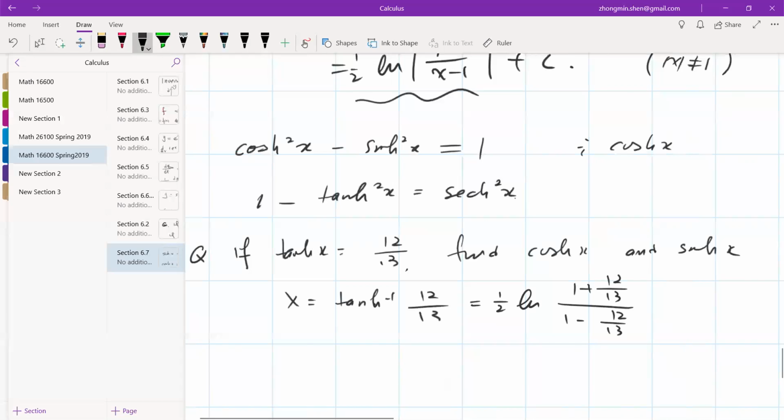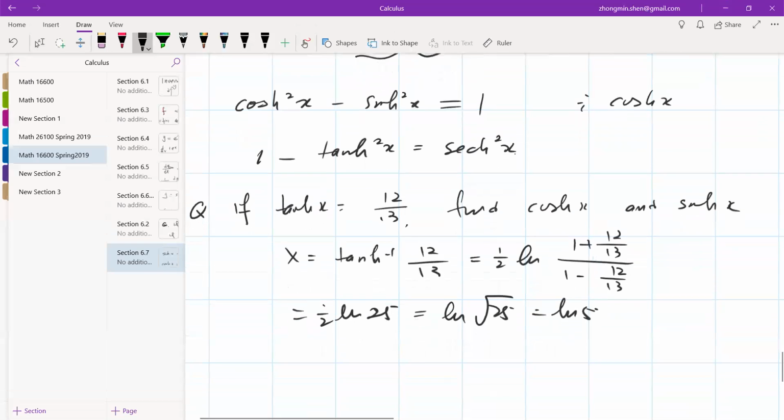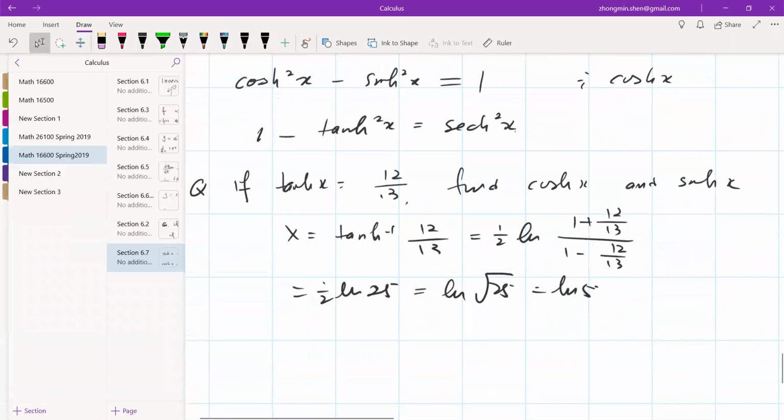When you simplify, you will get the natural log of 25, that is the natural log of the square root of 25, just natural log of 5. Okay, that is the x value. I'm trying to show you 2 different ways to solve the problem.